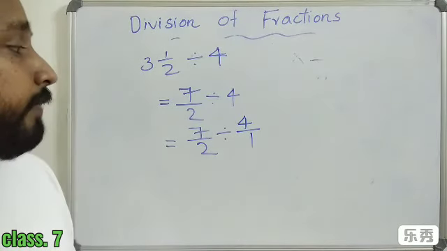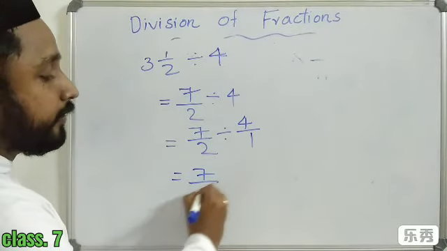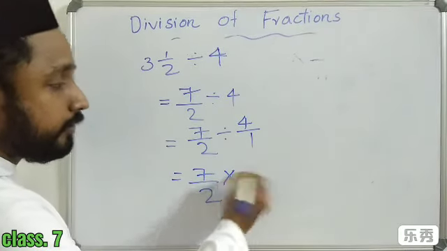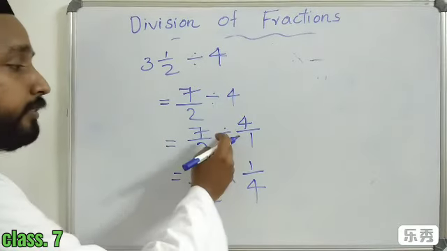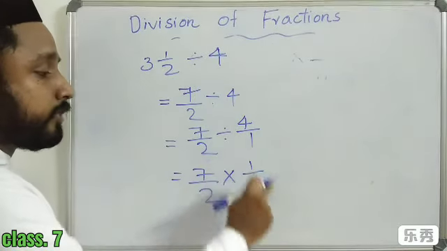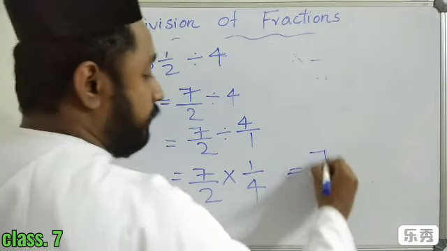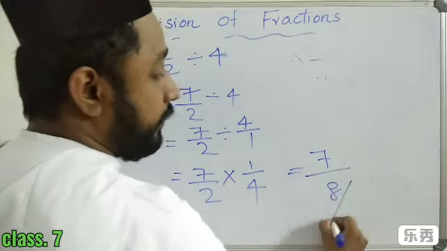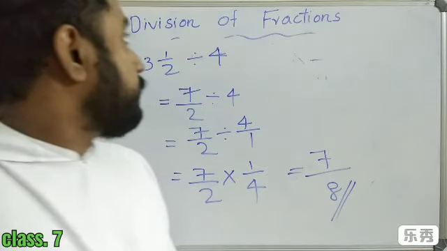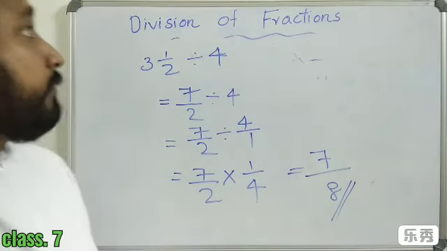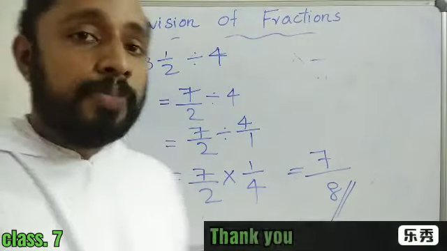So 7 by 2 divided by 4 by 1 is equal to 7 by 2 into, change the division into multiplication and use the reciprocal, 1 by 4, which is equal to 7 into 1, 7, 2 into 4, 8. So the answer is 7 by 8. So in order to divide two fractions, we change this into multiplication and use the reciprocal.